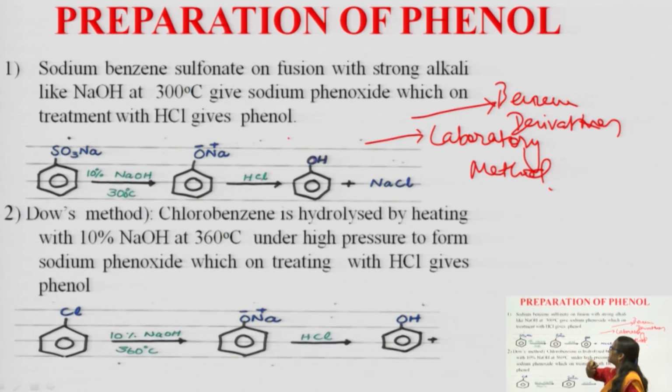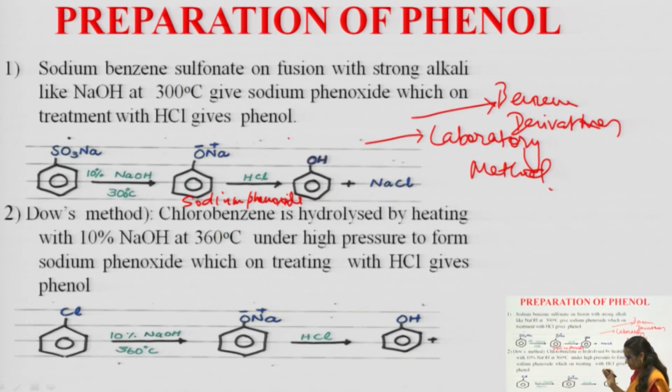At 300 degrees Celsius, an intermediate is formed. What is the name of this intermediate? Sodium phenoxide, right? This sodium phenoxide is an intermediate which, when treated with HCl, gives phenol, right? This is the first laboratory synthesis.